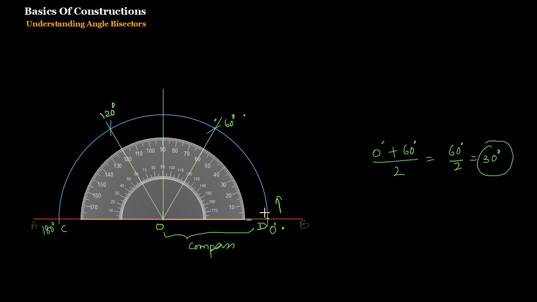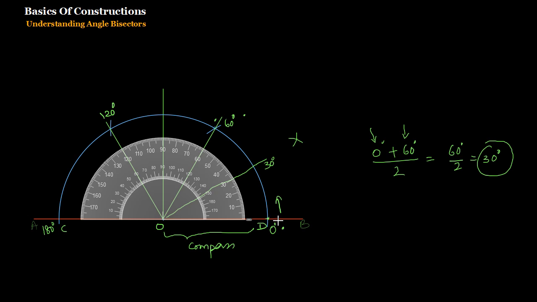If I place the compass on 0, because we are bisecting 0 and 60, you take any measurement from the compass, but don't change it when you place it on 60, on D. It should be a little bit more than half, because if it is less than half, those two arcs are never going to intersect each other. Then if you cross it here, you get a point that passes through my 30.